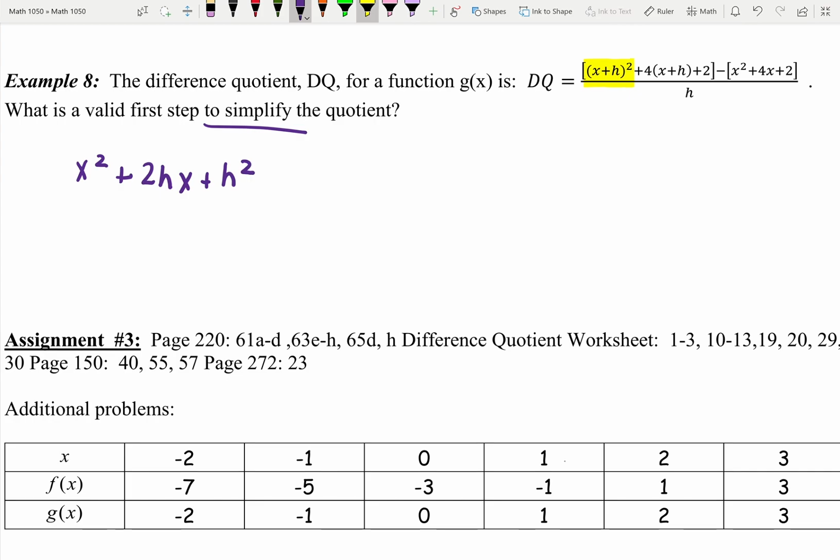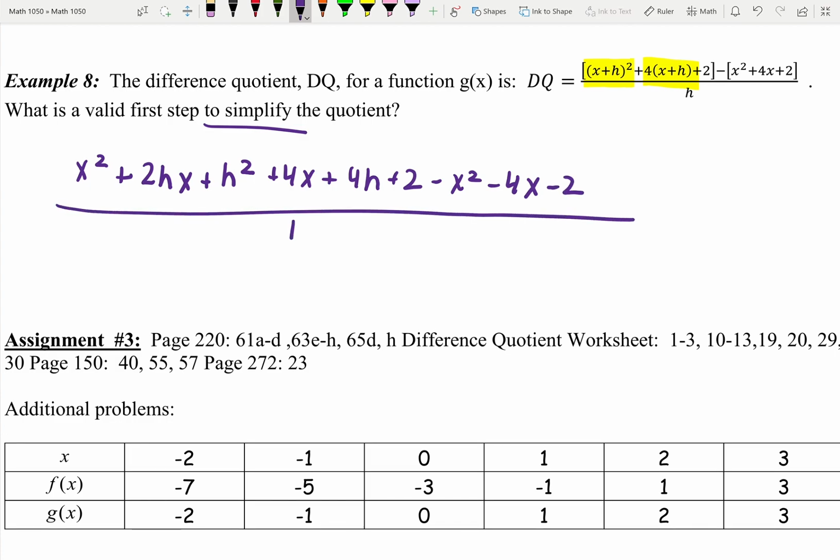Then I'm going to distribute the 4. So it's going to give me 4x plus 4h. And then don't forget your plus 2. The negative, I'm going to distribute. So it's a negative x squared minus 4x minus 2, all over h.